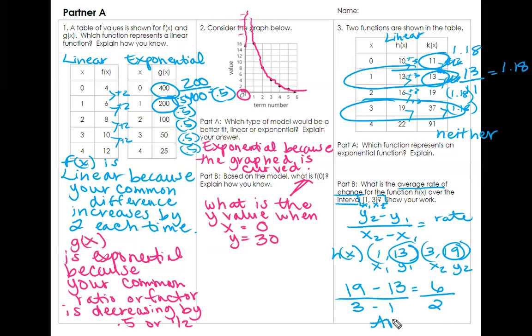So my average rate of change is 3. And because it's linear, that means that's also your slope. Got that? So that's your average rate of change. So if it says average rate of change, you're writing down Y2 minus Y1 over X2 minus X1.